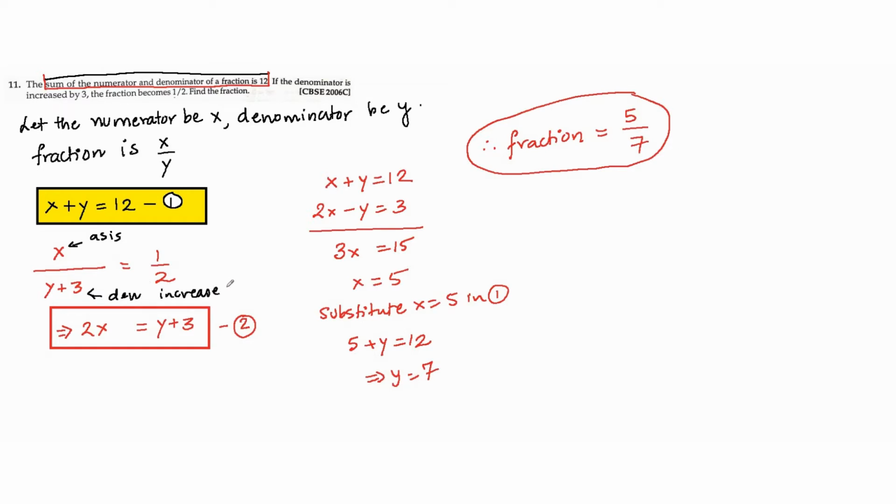Then the fraction became half, right? So x divided by y plus 3 is equal to half. Cross multiplying, I got my second equation and I solved the two equations simultaneously. So this is how I can solve this particular problem. I'll pause for a minute before moving on to the next question.